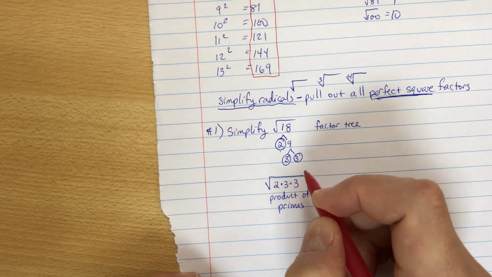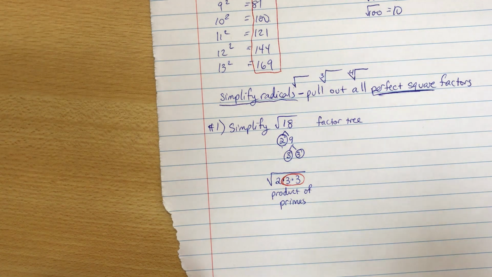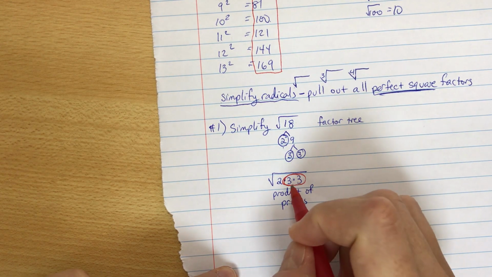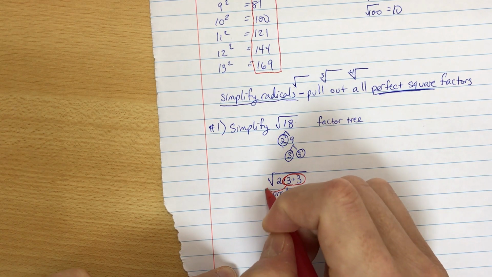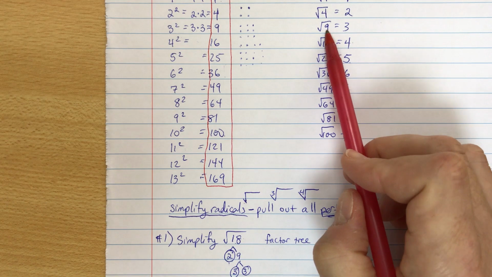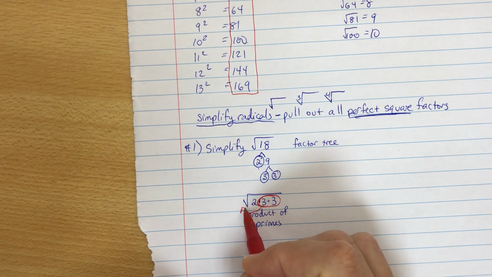A number times itself, I do. That's the 3 times 3, that's really equal to 9. So what I can do, since that's the square root of 9, I'm going to pull that out because the square root of 9 is really 3. So I'm going to pull out the pair.